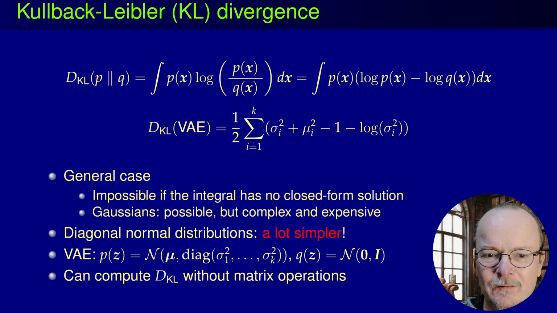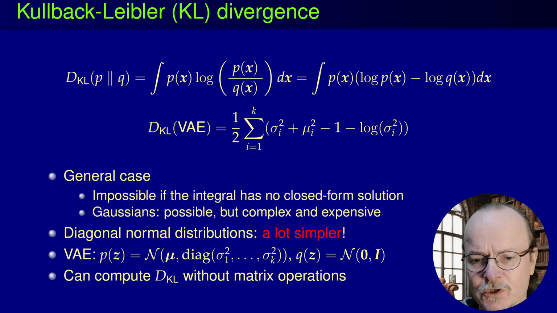ELBO transforms the impossible task of calculating exact probabilities for high-dimensional data to a tractable problem by giving us a lower bound on the log likelihood of our data that can be computed or approximated with, if not easily, at least with relative ease. It's a true game changer for many machine learning applications.